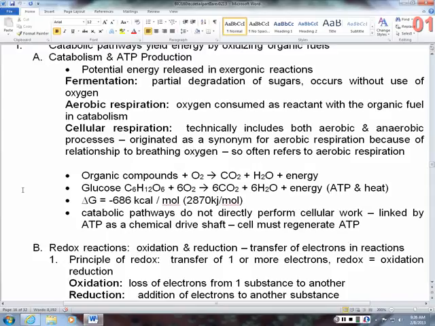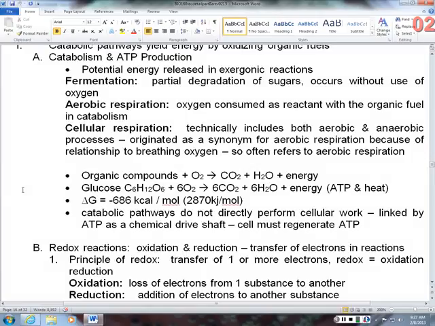The term cellular respiration technically includes both aerobic and anaerobic processes. It got the name respiration because of being tied in with your breathing to get the oxygen in. A lot of times the term cellular respiration is used generally to refer to aerobic respiration.